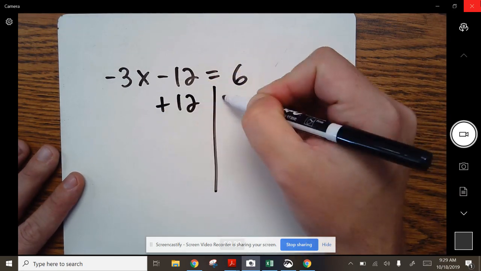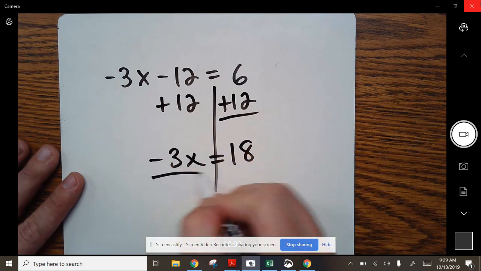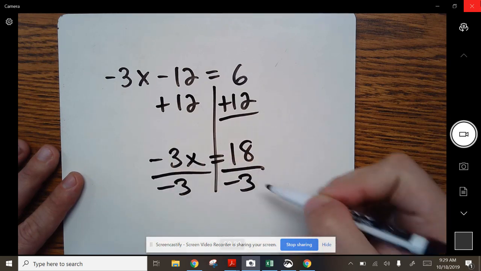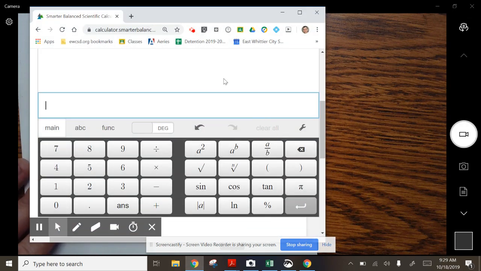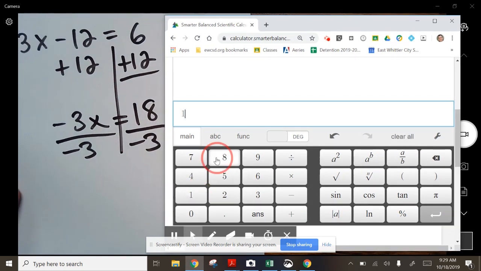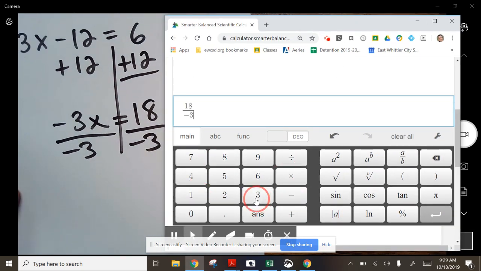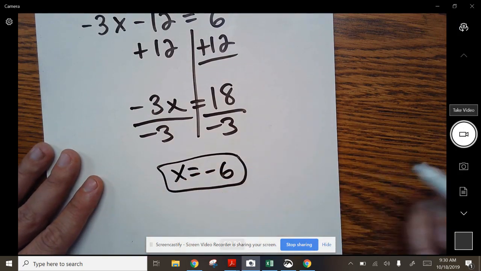Now, if you did it properly, we're going to add 12 to both sides. We get 18. Negative 3x equals 18. And then when you divide this, make sure you remember, you're going to divide 18 over negative 3. 18 divided by negative 3, I get negative 6. All right? So my answer is x equals negative 6.